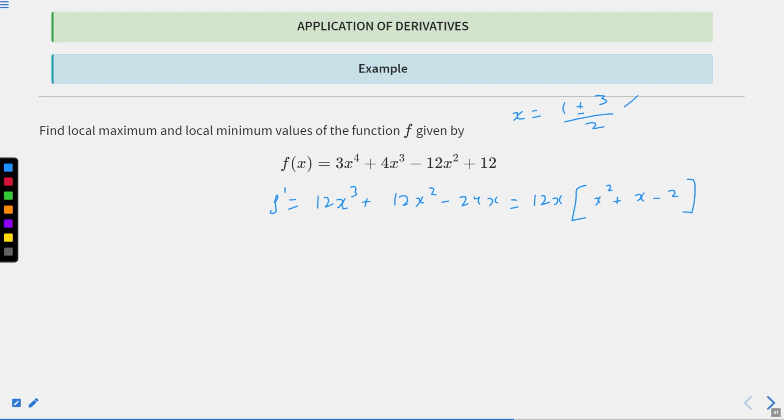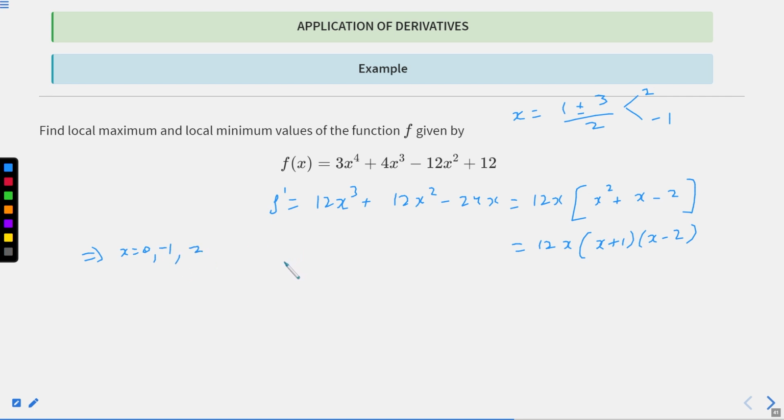So you have two things: one is 4 by 2, which means 2, and another will be minus 1. So this means it will be 12x times (x plus 1) times (x minus 2). Simple. Now put it equal to 0, then you will have candidates for local minimum, local maximum and inflection point. So x equals 0, minus 1 and 2.